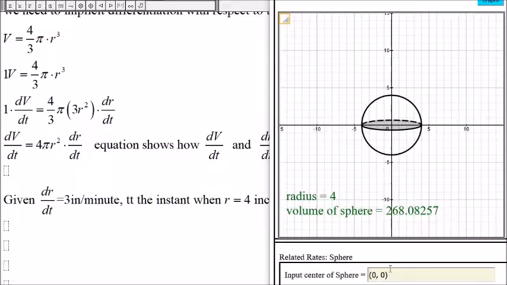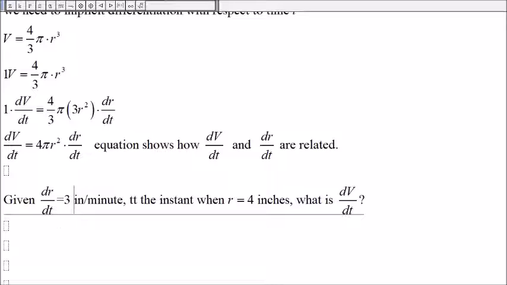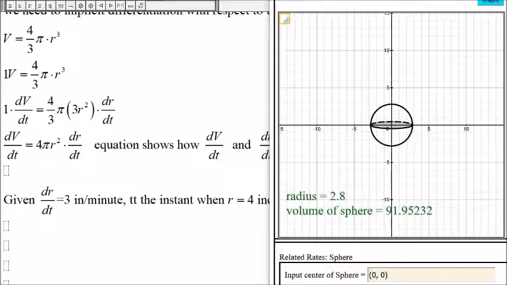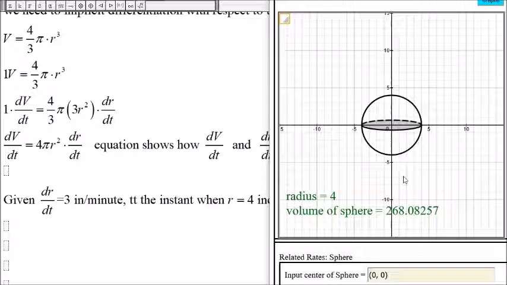So looking at the graph, here we're given that the radius is changing at a rate of 3 inches per minute. And so the volume also changes, and then at the instant when the radius is 4 inches, we'd like to know what is the rate of change of the volume?